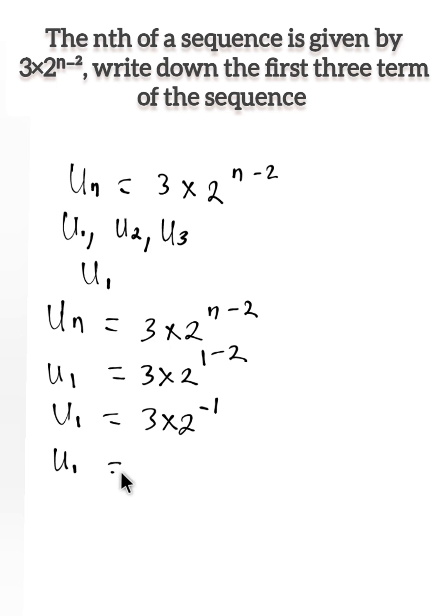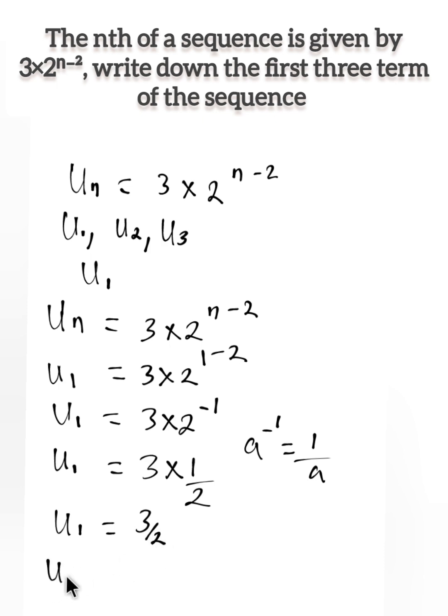So U1 is 3 times 1 over 2. Note that according to indices, a raised to the power minus 1 is the same thing as 1 over a. So 2 raised to the power minus 1 is 1 over 2. When we multiply, we have 3 over 2. Hence U1 is equal to 1 and 1 over 2.